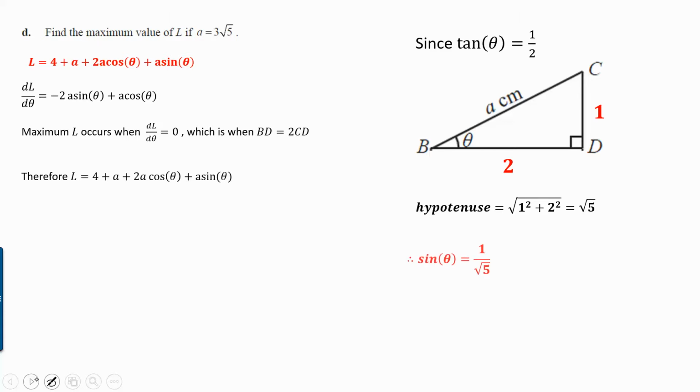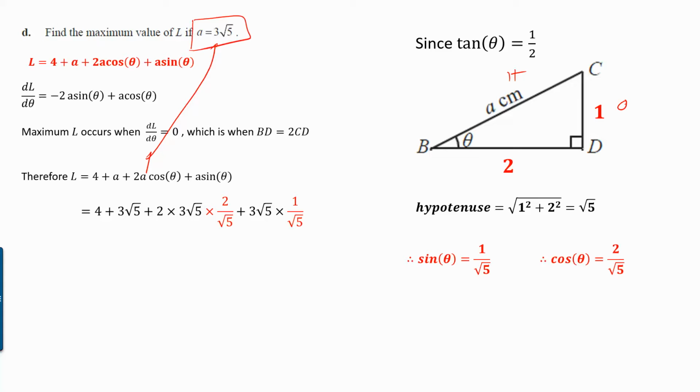Therefore you can find sin θ: opposite over hypotenuse is 1 on root 5, and cos θ is 2 on root 5. Now you can replace all of these values with A equals 3 root 5.